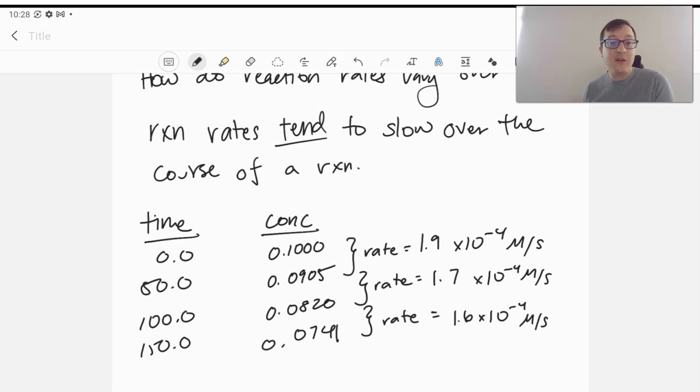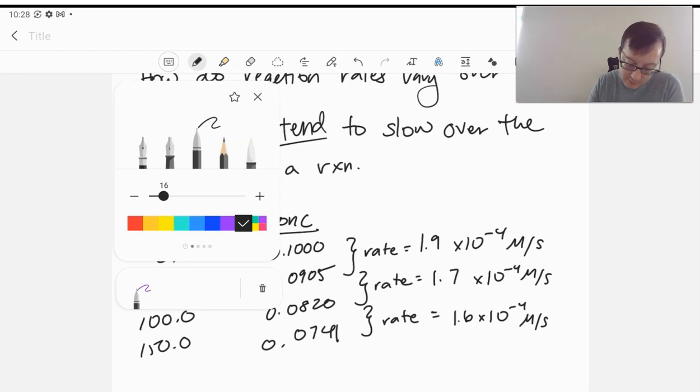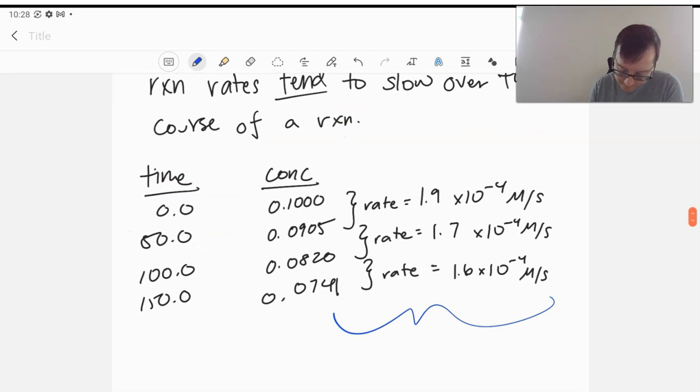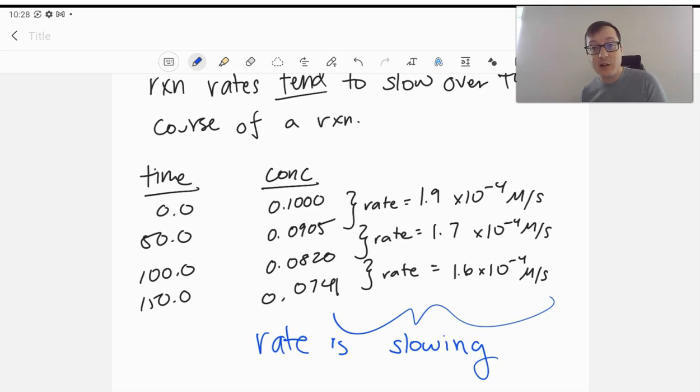And if we take the rate of each of those time intervals, the important part is that the rate is slowing down. And that's to be expected. Most reactions follow this pattern, where their rate slows down over time.